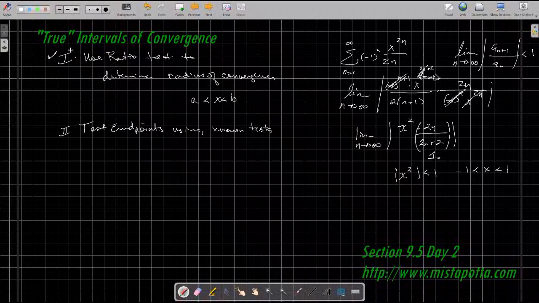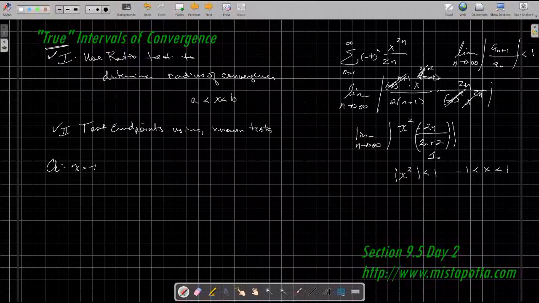And now we're going to actually analyze this true interval of convergence by testing the endpoints. So when I say testing the endpoints, what I'm doing here is I'm checking where x equals -1.